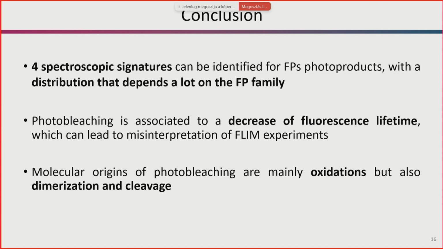And also, a part that I can't describe because of the time, we performed some mass spectrometry and SDS-PAGE experiments to see what happens at the molecular level. And we saw also a wide diversity of photoproducts in a chemical way, because we have a lot of oxidation, but also dimerization and cleavage, which shows that this phenomenon is clearly complex.